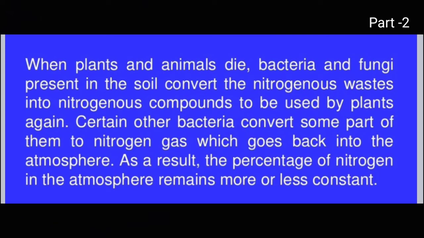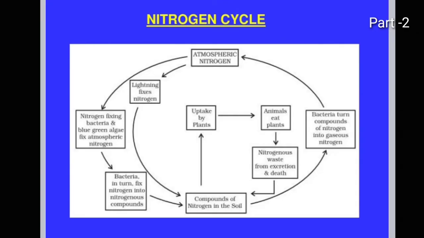You can see in the cycle, atmospheric nitrogen is there, then lightning fixes the nitrogen from the atmosphere, then it mixes with the compounds of nitrogen in the soil, and then bacteria will turn these compounds of nitrogen into gaseous nitrogen.